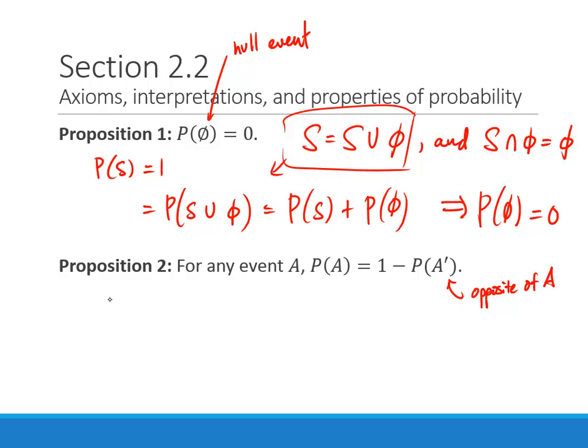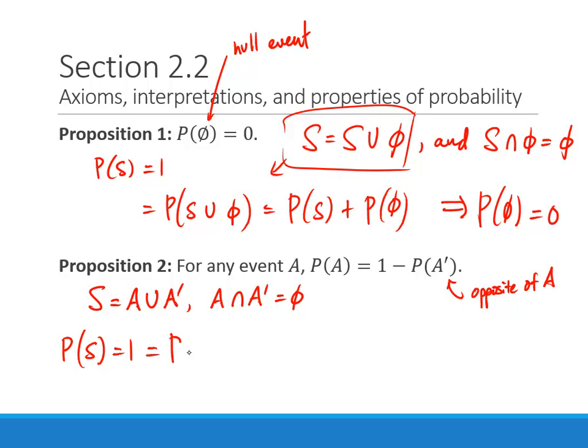We can write down, of course, that the sample space is equal to A together with A complement. And just like before, these two events, A and A complement, are disjoint. They have nothing in common. Their intersection is empty. So the probability of S, which is 1, is going to equal the probability of A union A complement.